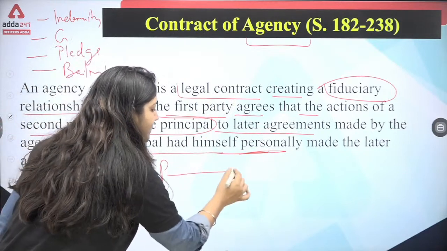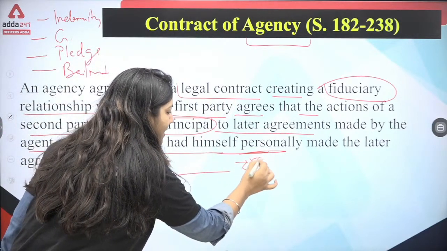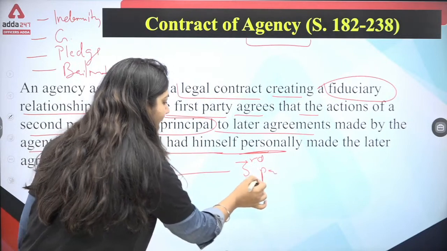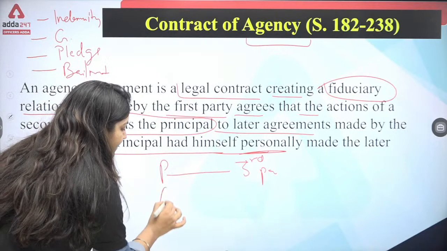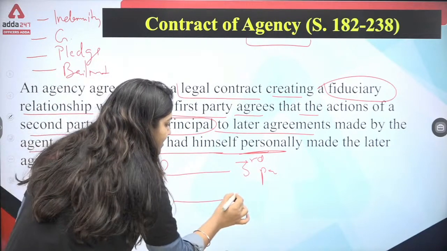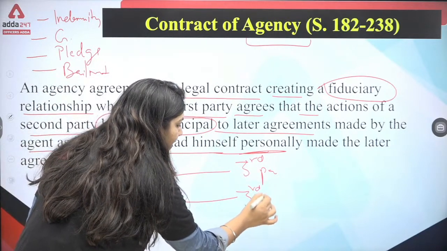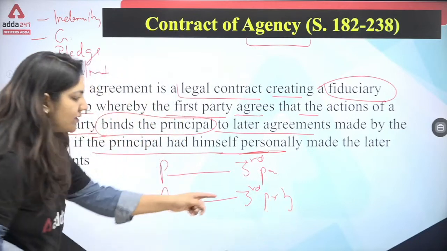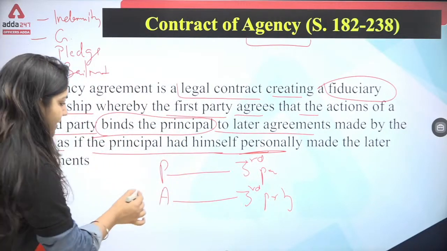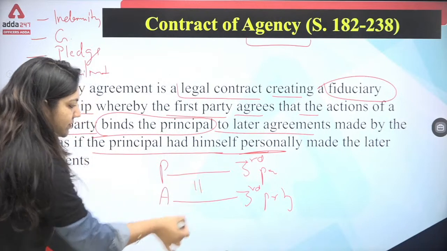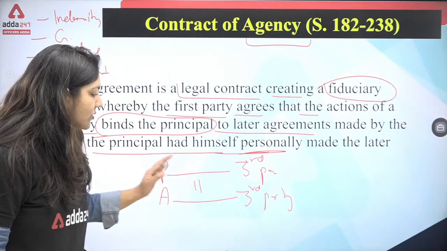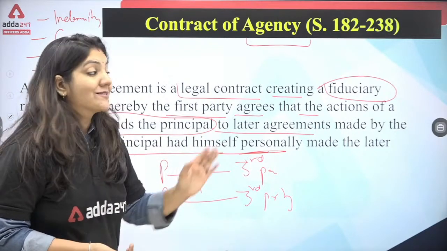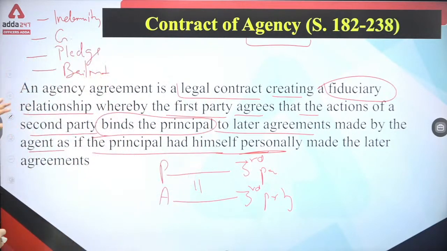Suppose this is the principal and this is the third party. The actual agreement has to be made between principal and third party, but the principal has given the work to the agent. Now the agent is making the contract with the third party. So this is equal to this: the work done by the agent with the third party is equal to the principal with the third party. This is exactly the definition given here. Okay.